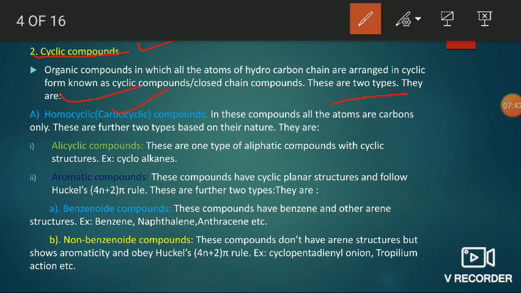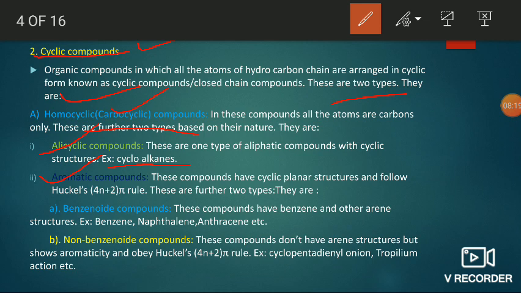These homocyclic compounds are further classified into two types. They may be alicyclic compounds or they may be aromatic compounds. Alicyclic compounds are one type of homocyclic compounds which have aliphatic nature. The best examples for alicyclic compounds are cycloalkanes, cycloalkenes, cycloalkynes.